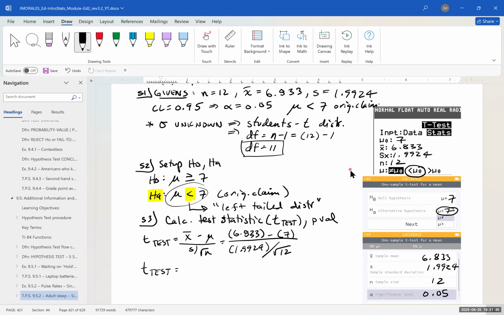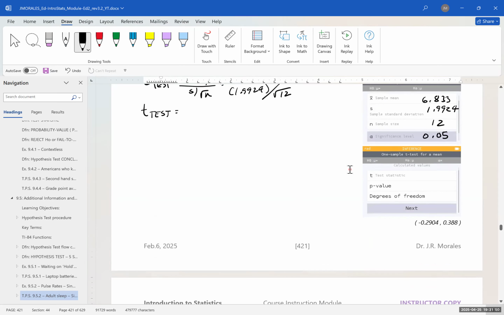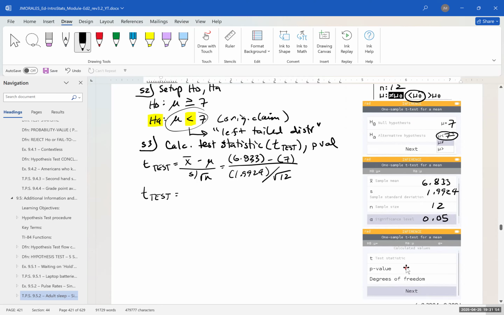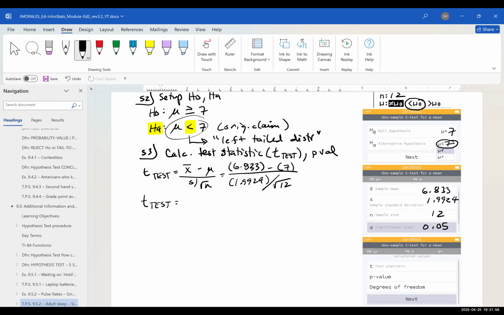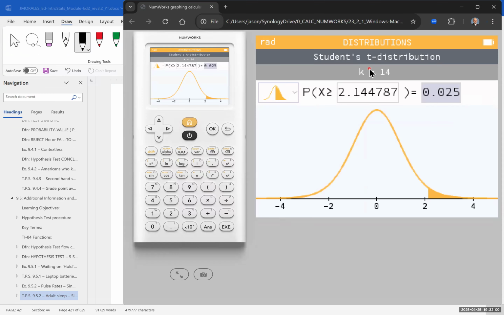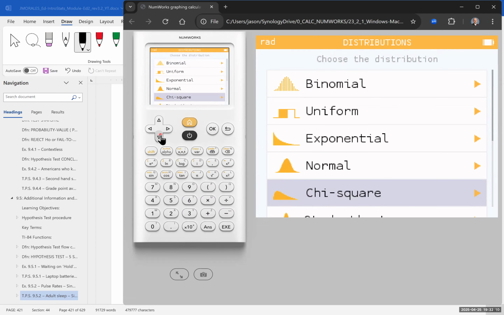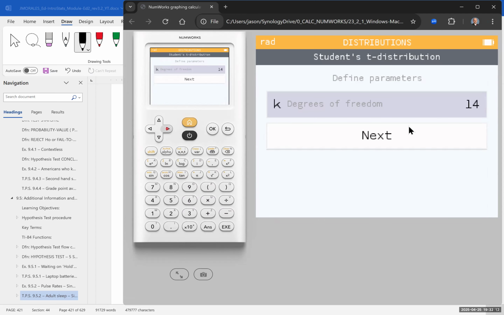Let's go ahead and calculate these. Let me hit home, distributions. Oh, it just brings me back here. Okay, let me backtrack. Distributions, I want student's t. The degrees of freedom is no longer 14, it's 11 now.